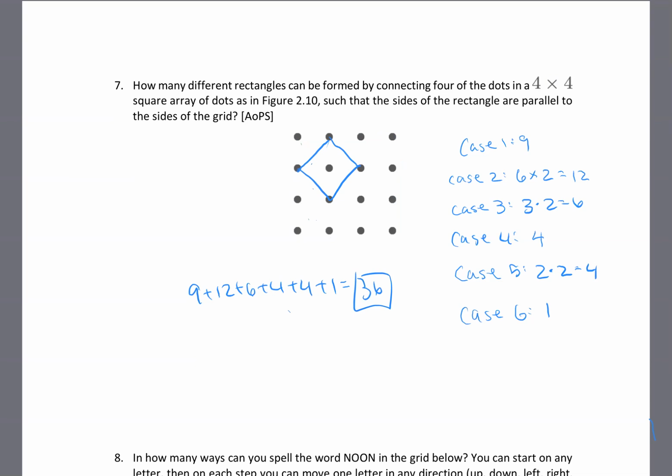This doesn't work because we want the sides of the rectangles to be parallel to the sides of the grid, and this is not parallel to this side, so it doesn't work. But yeah, that was smart. We can count squares because squares are technically rectangles.